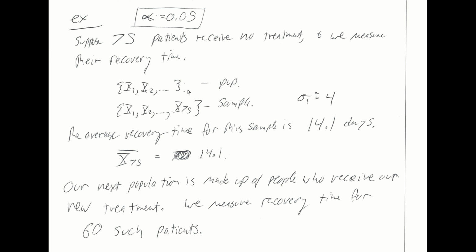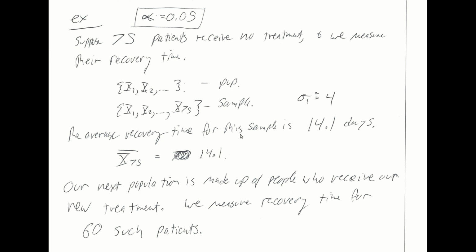So there's a population of all the people who could ever be infected and receive no treatment. We take 75 of those people as our sample, and suppose we know the variance of this first population to be 4, as we stated at the beginning of the lecture. And we find an average recovery time for this 75 person sample, and we find it to be 14.1 days.